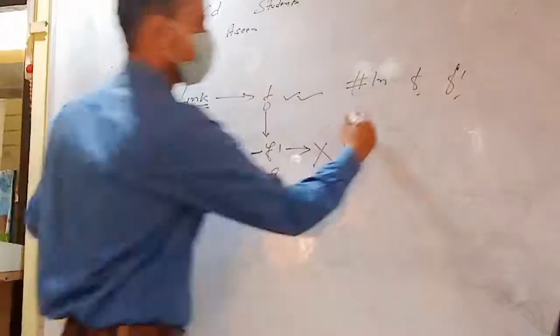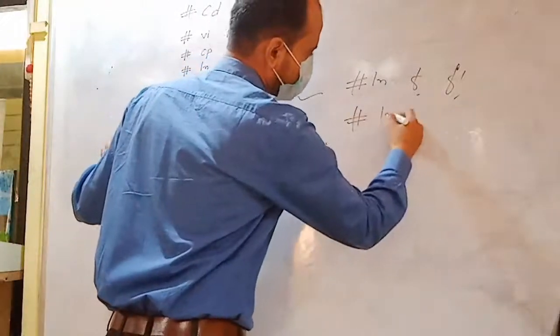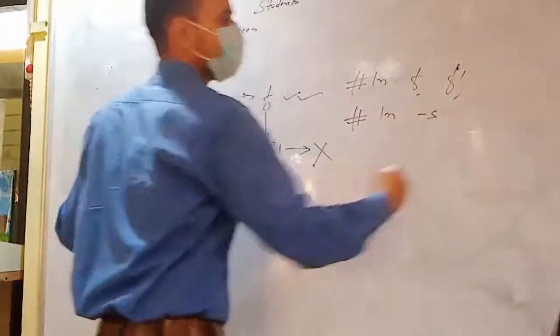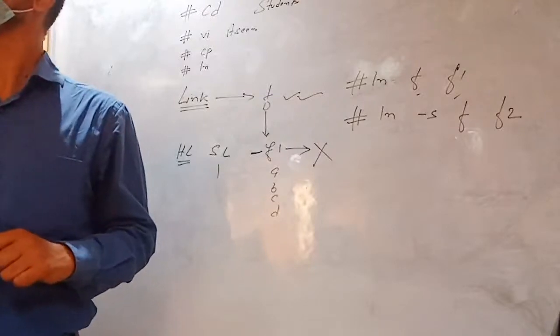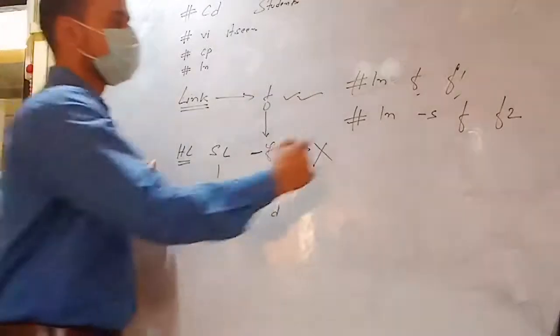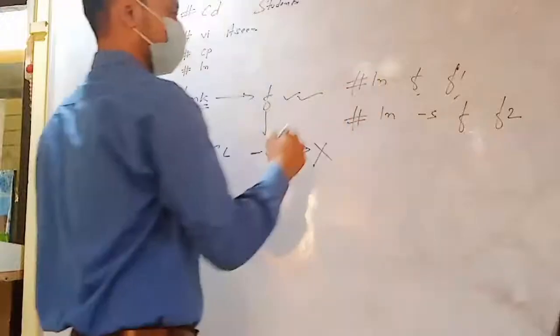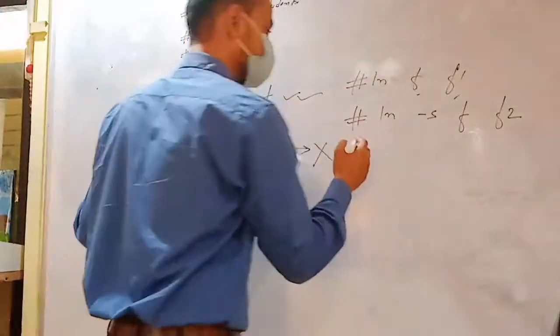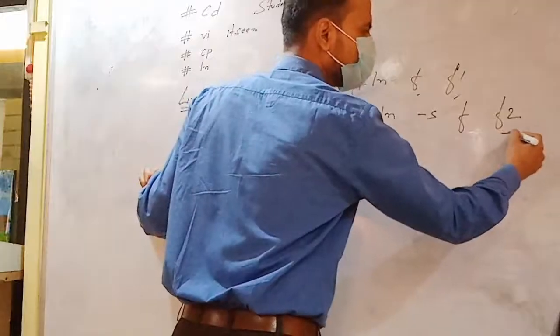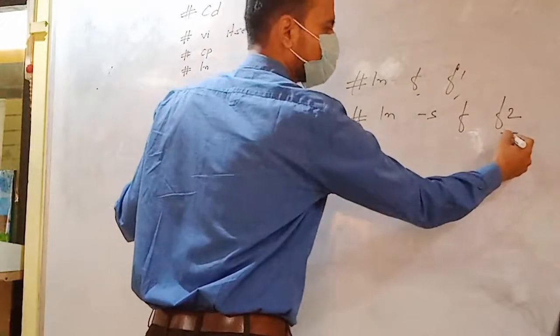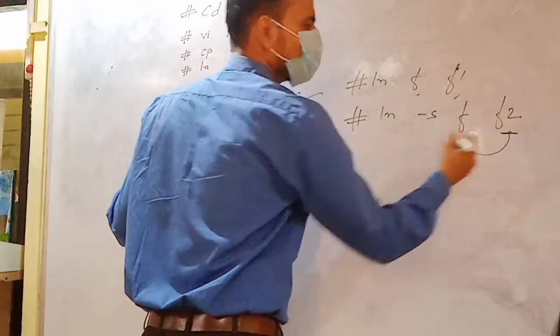But in case of a soft link, we use the command ln space minus s space, for example, F and F2. In this case, if you make any change in file F2, it will reflect in the original file also.